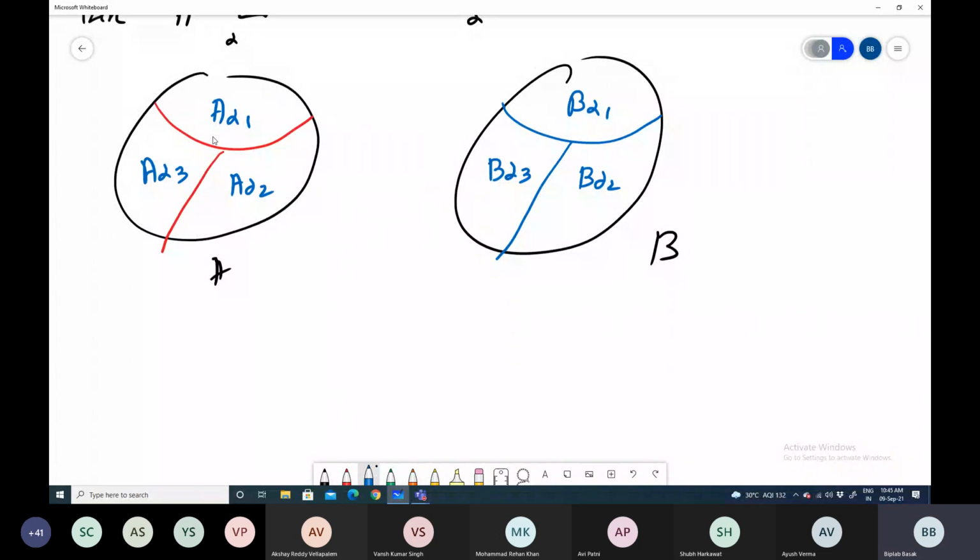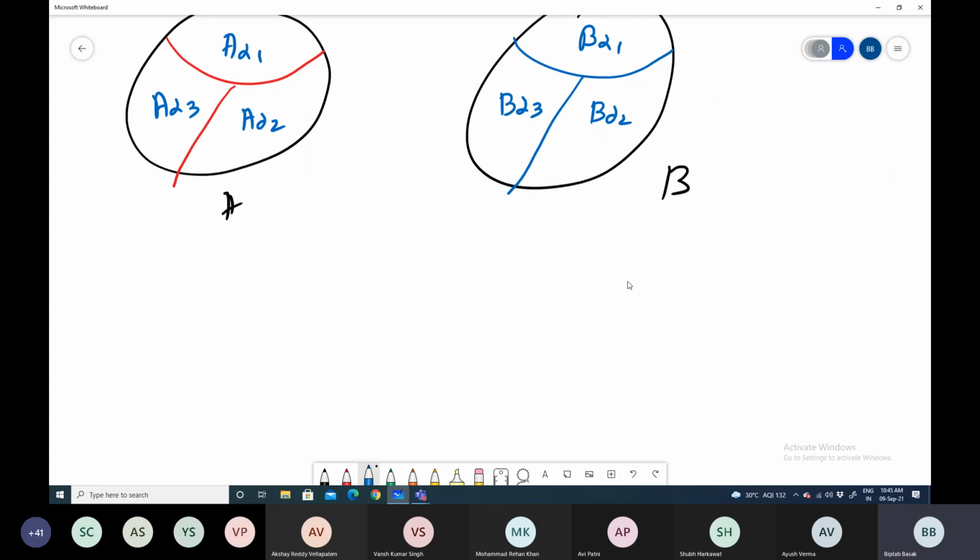Okay, so therefore you have these sets in a partition. Now we define a map, say H alpha, for each partition, A alpha to B alpha.